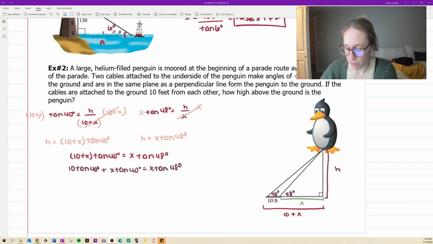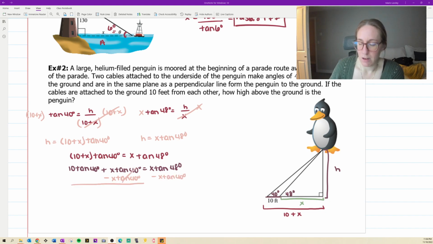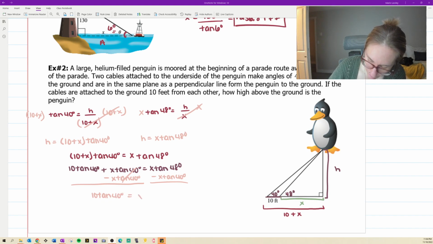Now I'm going to move everything that has an x to one side of the equation, which means I'm going to subtract x tangent of 40 over to the other side, leaving me with 10 tangent 40 equals x tan 48 minus x tangent 40.